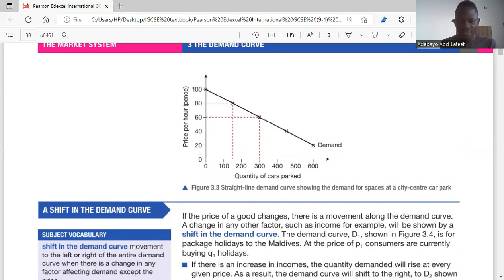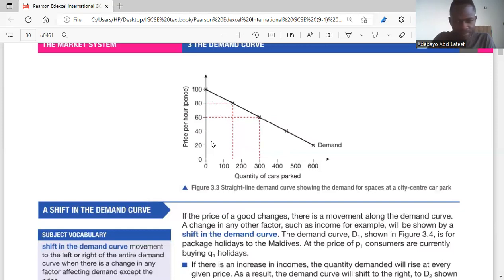So here in the movement along the demand curve, there are two things in movement. It's either it contracts or it expands. If the price of a product increases, the quantity demanded will fall. That is contraction in the demand curve. If the price falls, the quantity demanded expands, increases. That is expansion or extension along the demand curve.